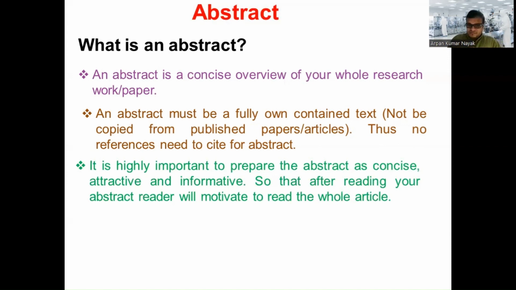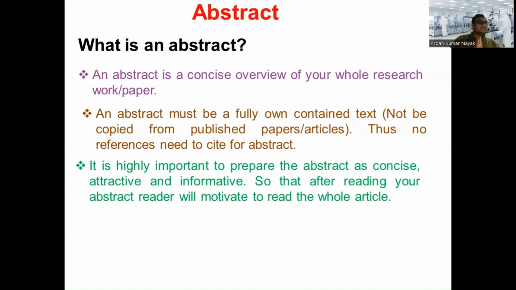And in particular, whenever a researcher starts writing the abstract, researchers don't have to copy from any published paper. It is completely self-contained text. Whenever you prepare your abstract, that should be completely self-contained text.